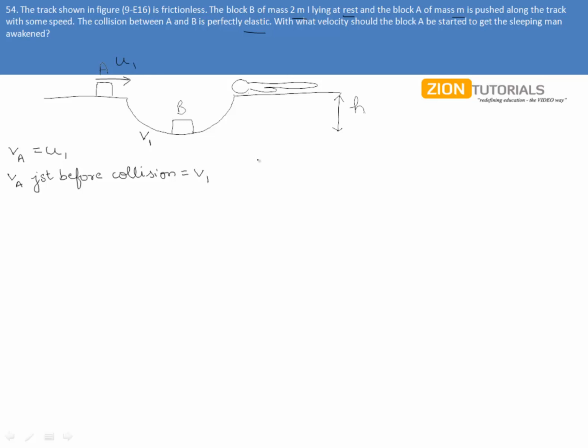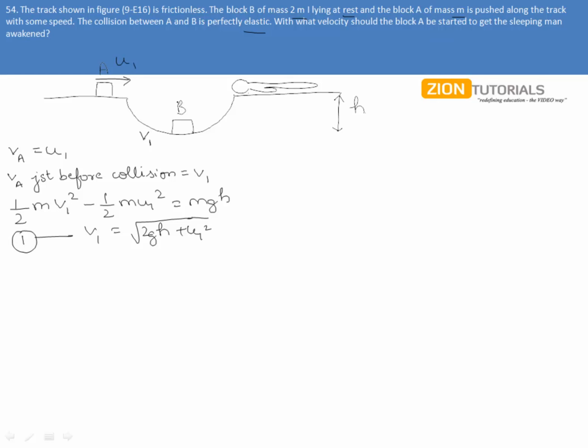Now I can write, from the energy conservation, that half m v1 square minus half m u1 square equals mgh, giving me the value of v1 to be under root 2gh plus u1 square. Let us mark it as equation number 1.